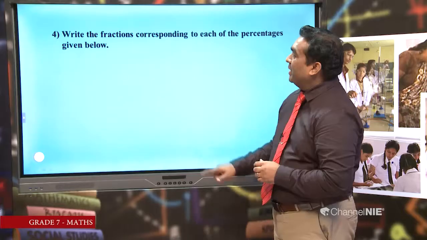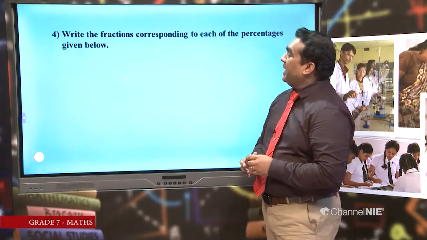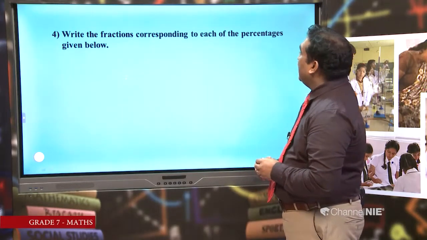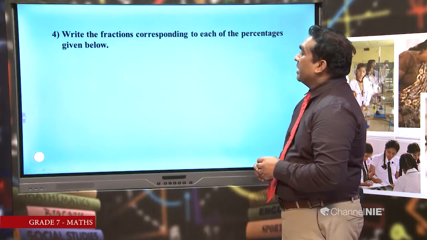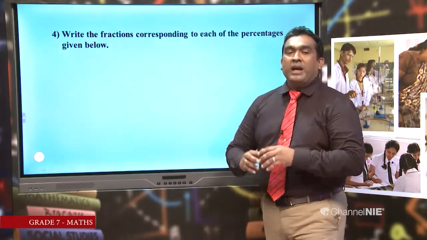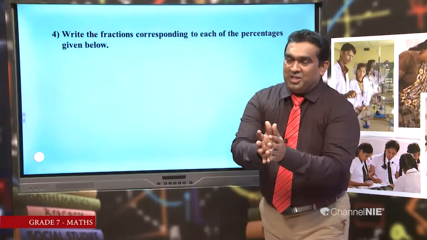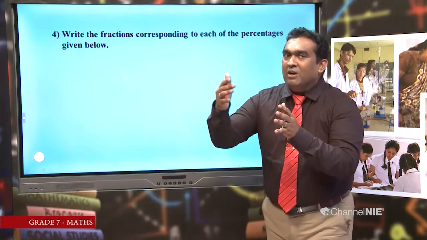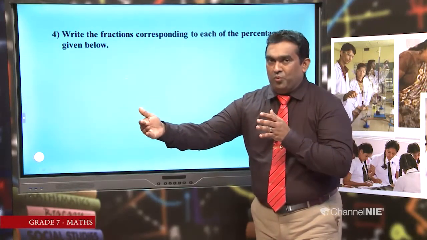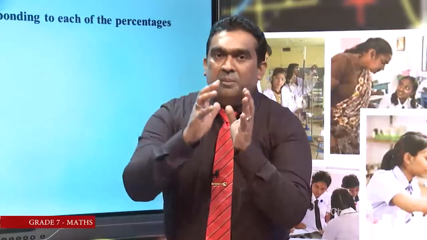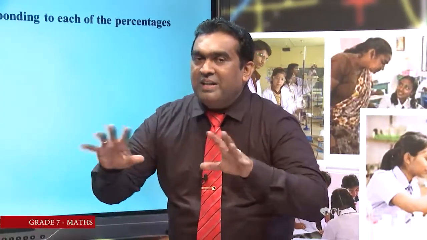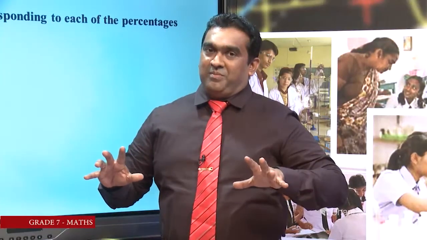Okay, next one. Write the fractions corresponding to each of the percentages given below. Now you have the percentage. Then you have to find out the fractional form. From the percentage, you want to find out the fraction.